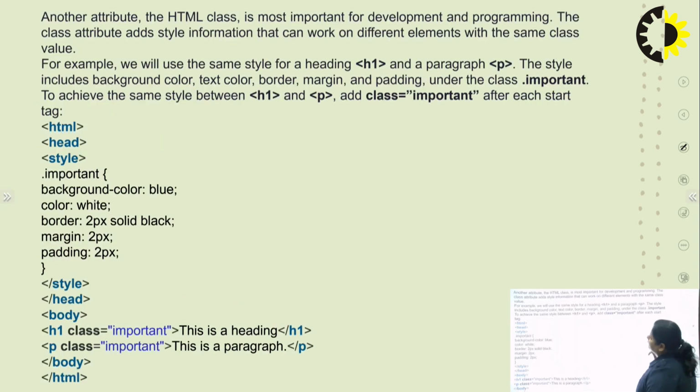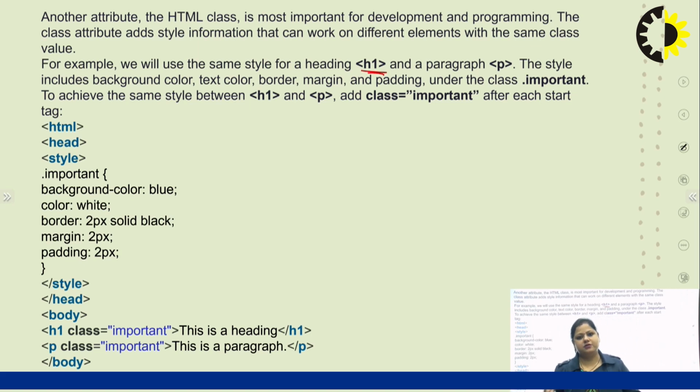Now, with the help of this example, another attribute is the HTML class, which is also one of the most important for development and programming of any HTML page. The class attribute adds style information that can work on different elements with the same class value. For example, we will use the same style for heading H1 and a paragraph P. We use H1 for heading and P stands for paragraph.